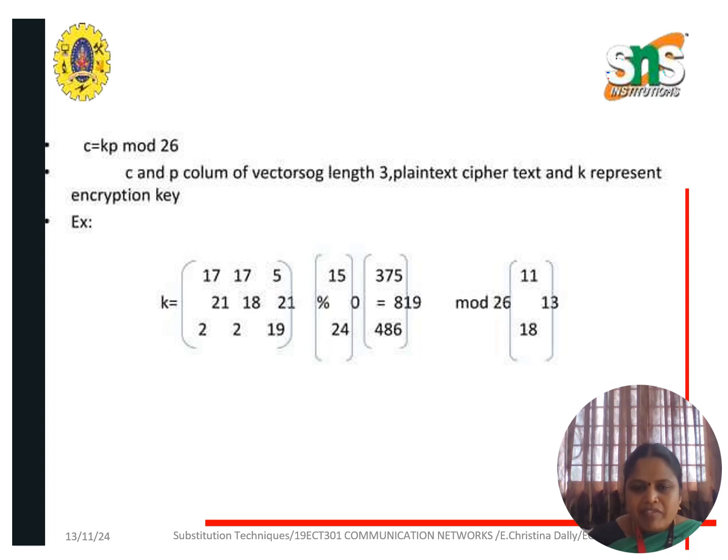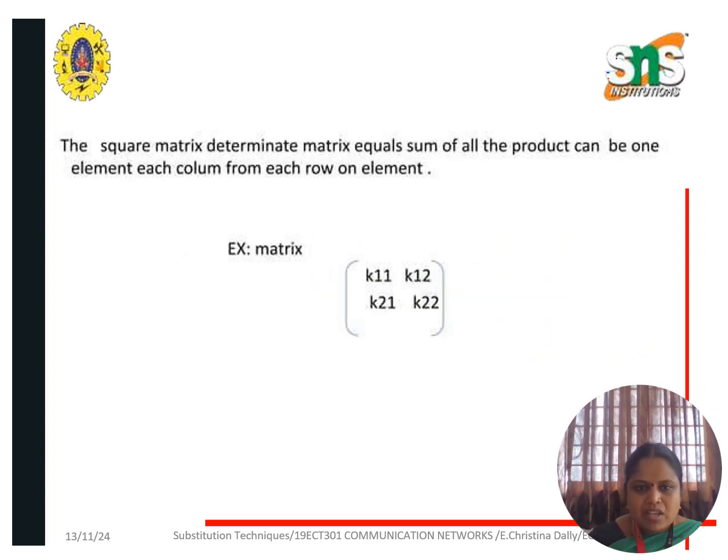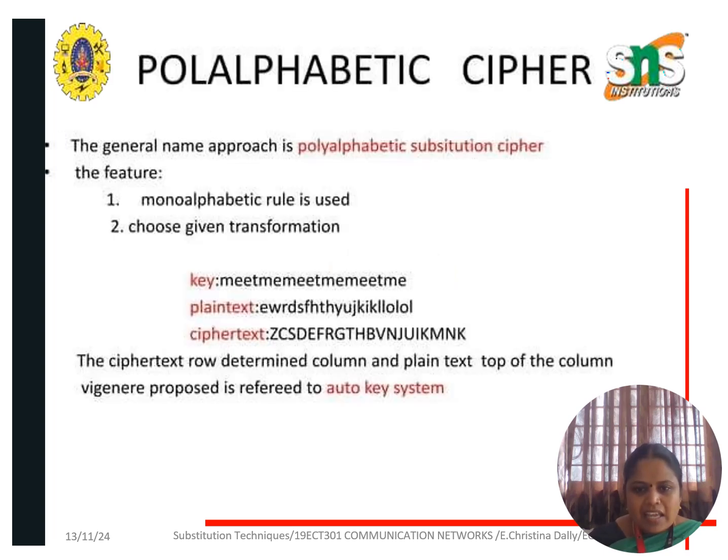If we take any alphabets, they should be compared and assigned values. For example, a square matrix is denoted as K11, K12, K21 and K22.